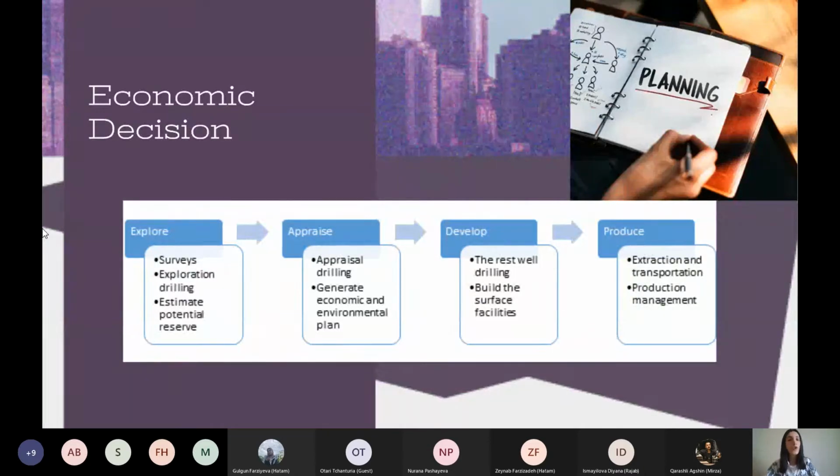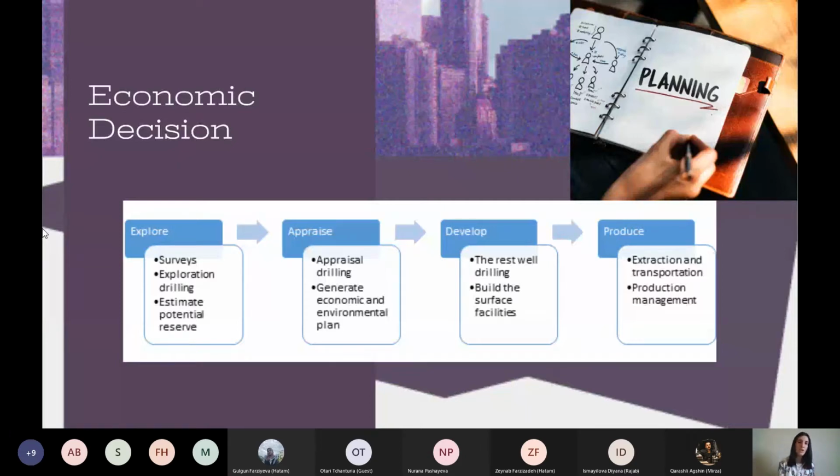Then you have to do your first drilling. This is called exploration drilling. After your first drilling, you can see that your data was right and there's some petroleum reserve here. Then you can estimate other potential reserves. But you have to be careful, because potential reserve doesn't mean proven reserve. Proven reserve is different, potential reserve is different, probable reserve is different. But you can estimate. This is your prediction, your estimation.